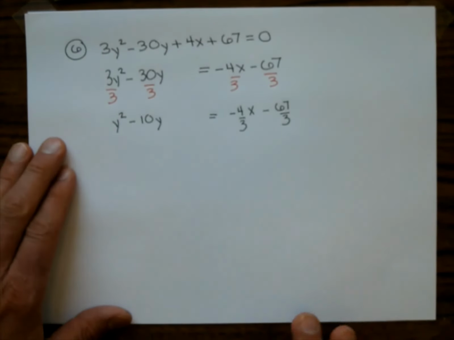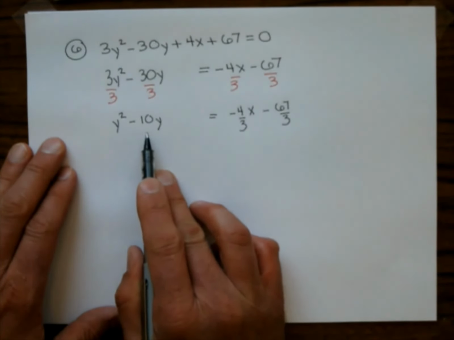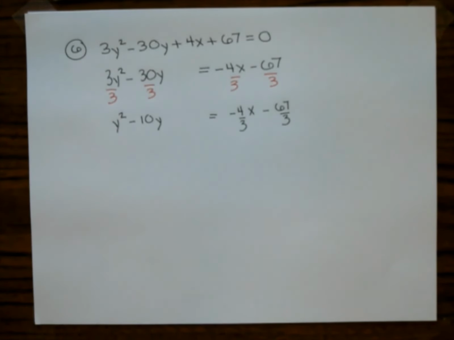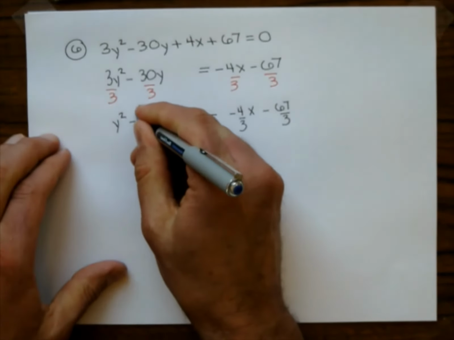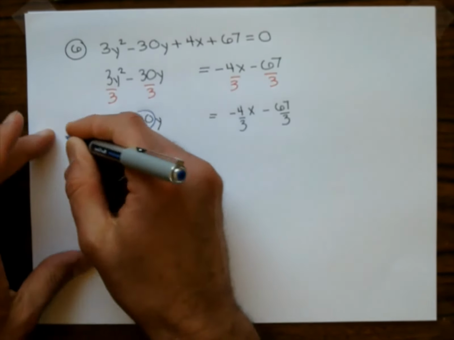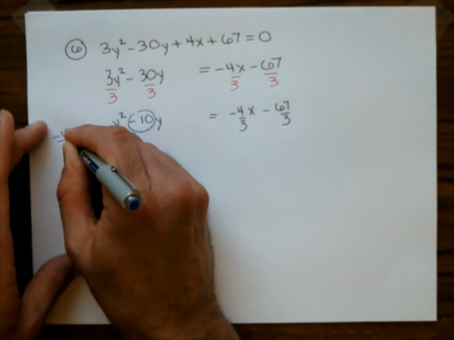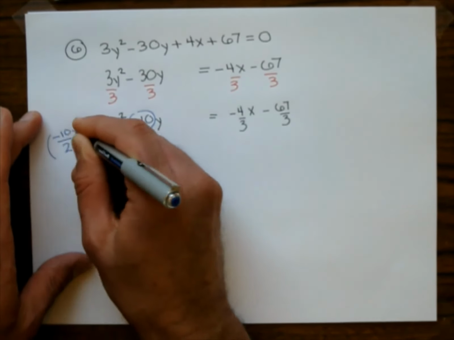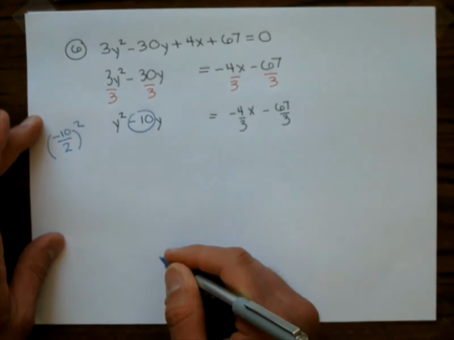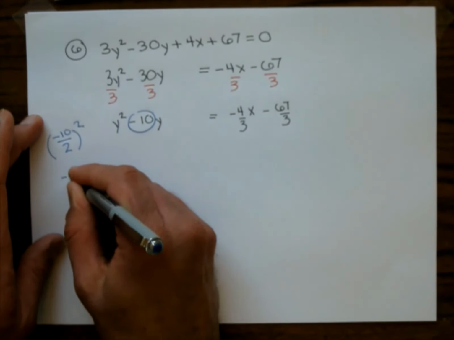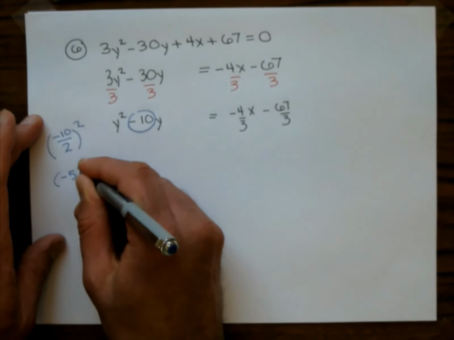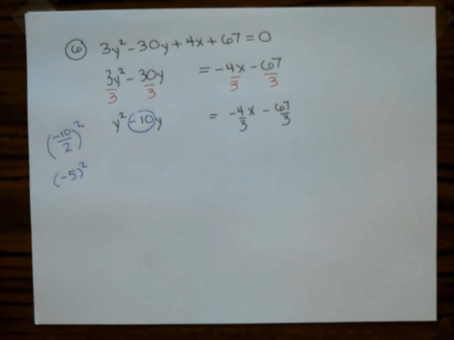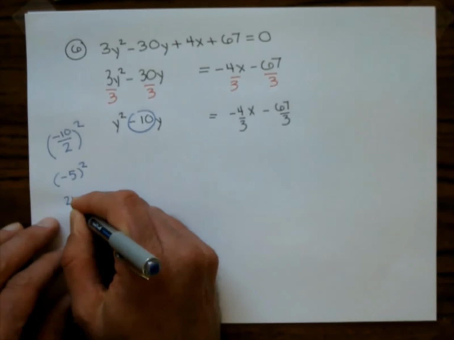Okay, so what I'm going to do next is complete the square. I have this negative 10. I'm going to chop it in half and square it. So this is negative 5 squared, which gives me 25.